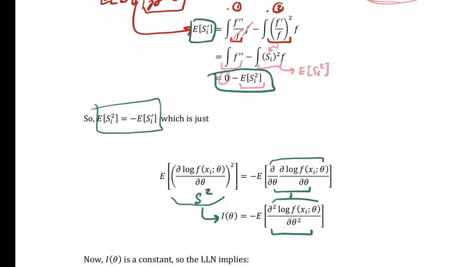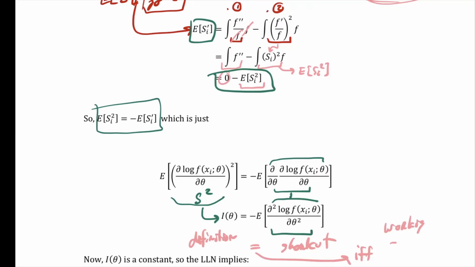And so the way I think about this, I'm just going to write down one more time. This is the shortcut. And this is the definition. And they're equal if and only if the working model is equal to the true model.